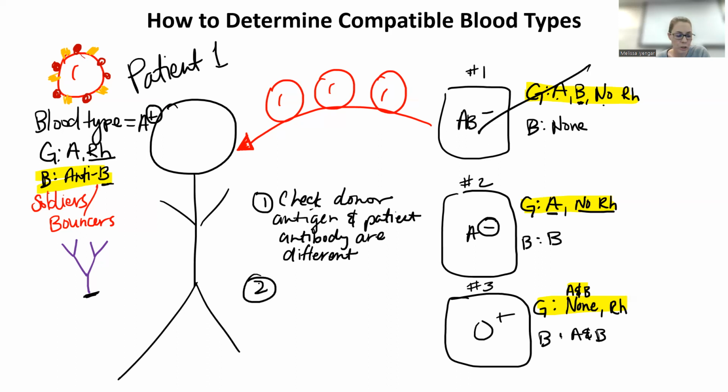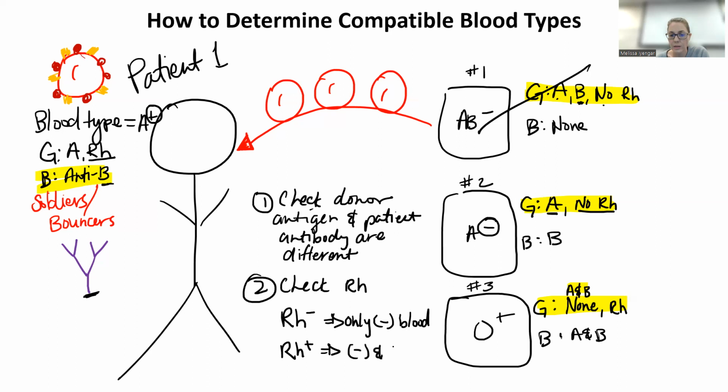Okay. And then number two, you have to check RH. So if you're RH negative, what that means is only negative blood. If you're RH positive, what that means is you can have negative and positive blood, okay?